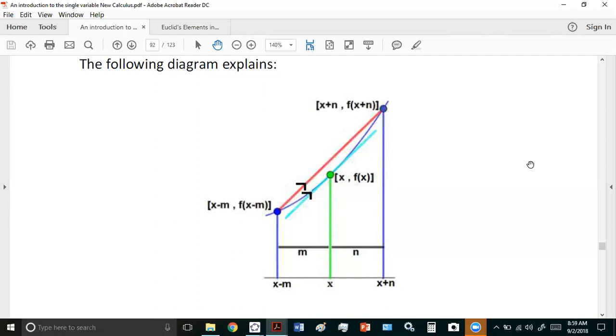Now, while you can use this new calculus definition to find a general derivative, even at a point of inflection, the new calculus is more rigorous and more strict. It doesn't allow for nonsense such as derivatives at inflection points. And it's consistent.